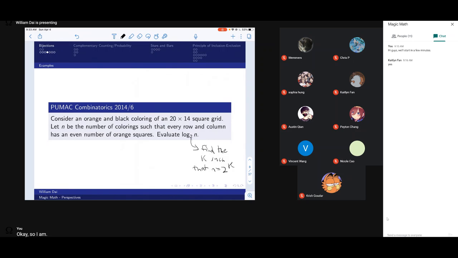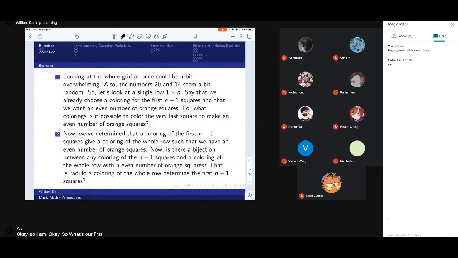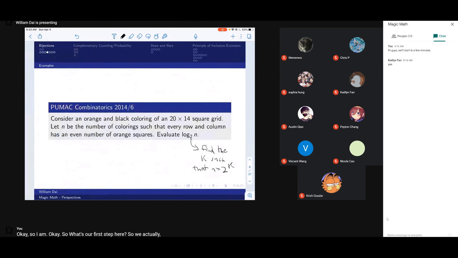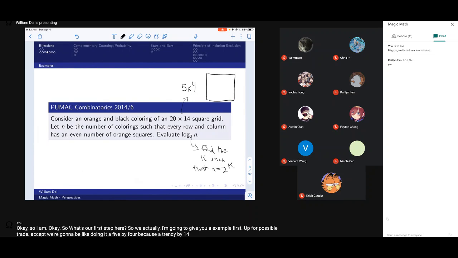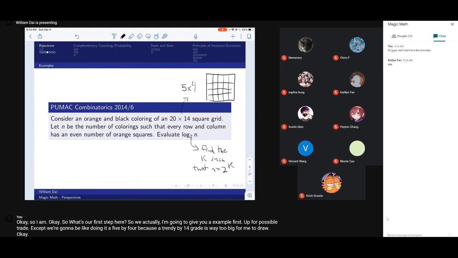Okay, so what's our first step here? Actually, I'm going to give you an example first of a possible grid, except we're going to do a 5x4 because a 20x14 grid is way too big for me to draw. A black square is going to be orange and a white square is going to be black.